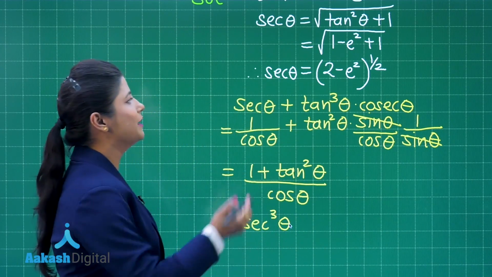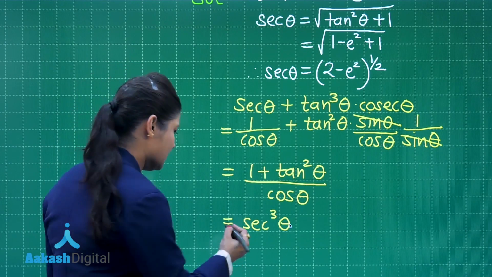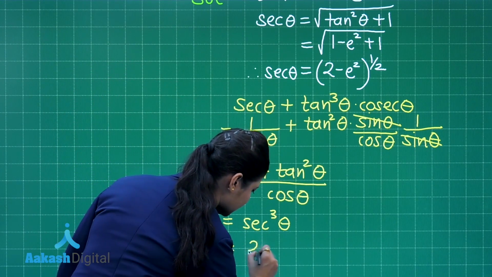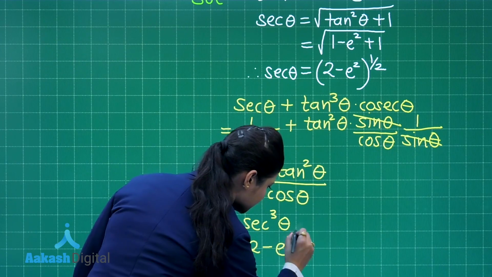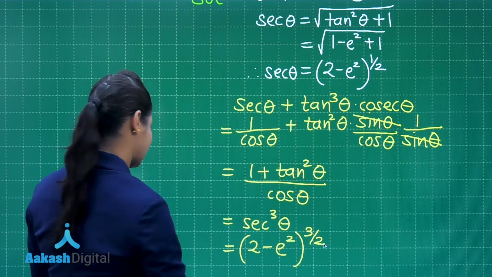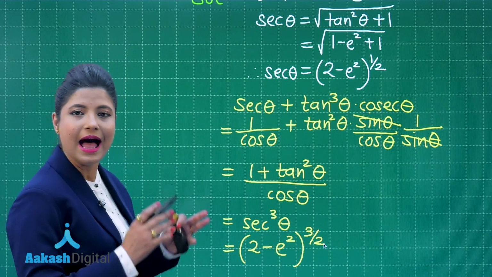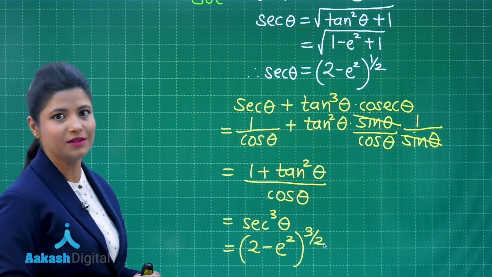We already know the value of sec theta is 2 minus e square raised to the power 1 by 2. Substituting that value here, you get this expression as 2 minus e square raised to the power 3 upon 2, because this is the cube of sec theta. So, here we get the required answer for this question as 2 minus e square raised to the power 3 by 2.